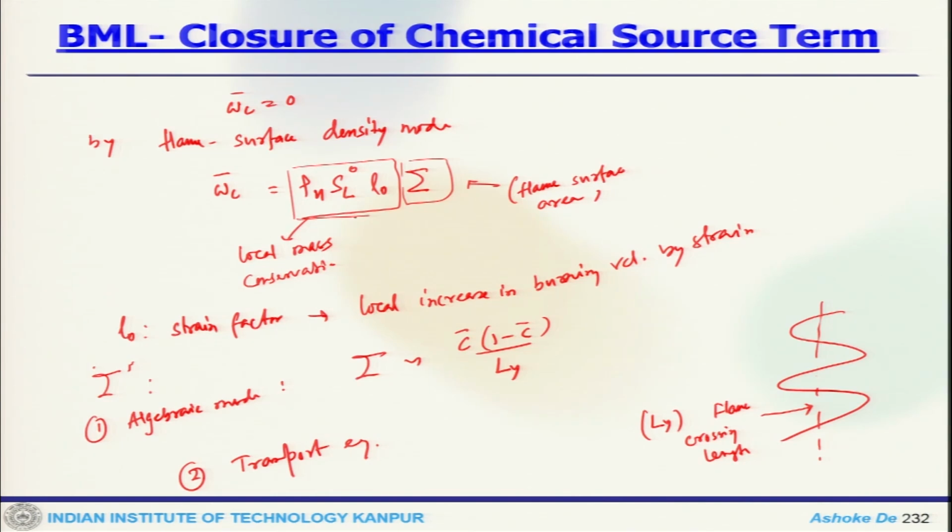So the source term can be represented in terms of local mass conservation and in terms of flame surface density.